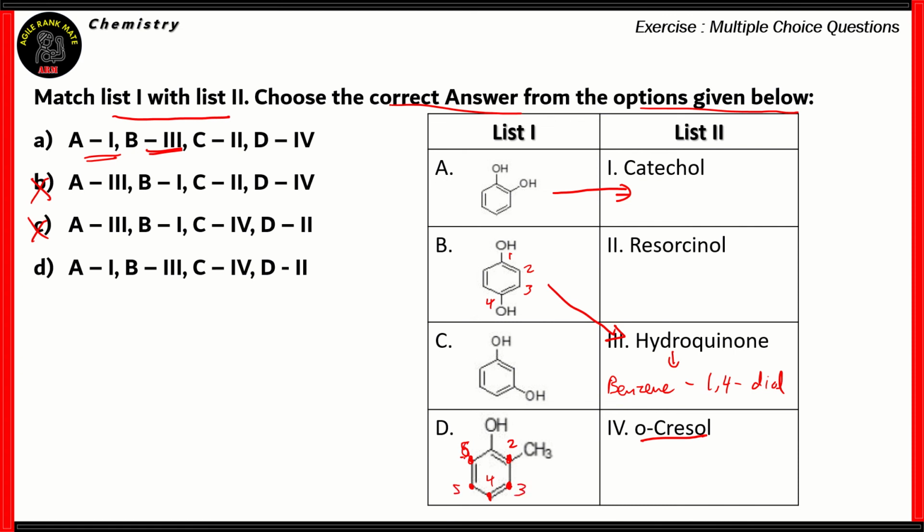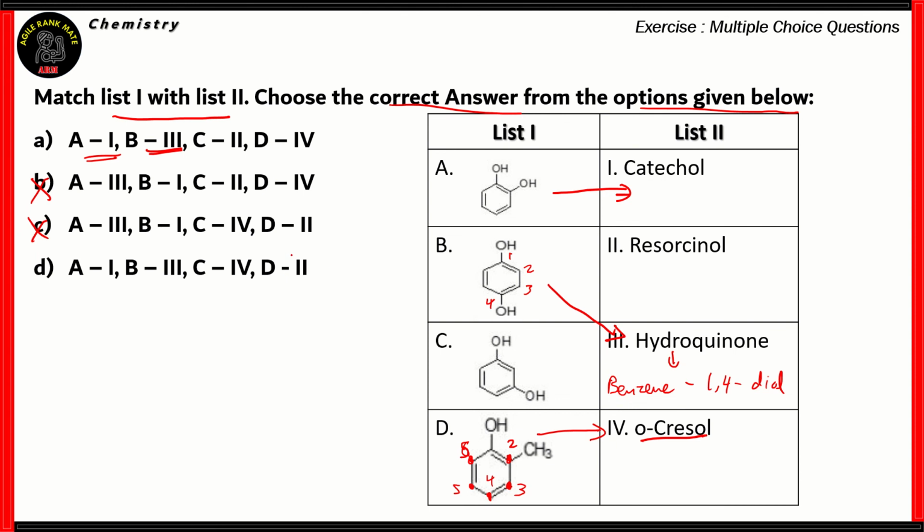So since option 4 said orthocresol, then it has to be where the secondary functional group is in the ortho position. So D is matched with 4.